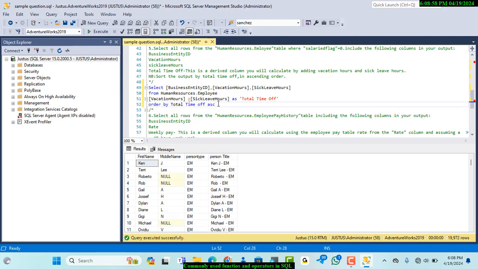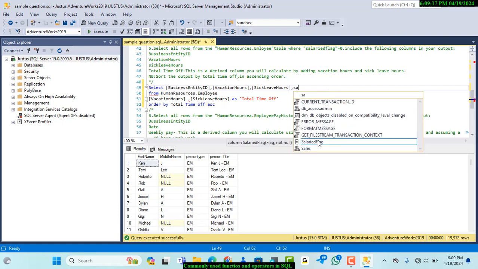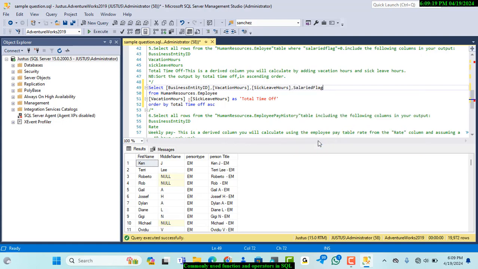What else? I'm forgetting something here. Yeah, salary flag. Salary flag is another column missing, so I need to include it.